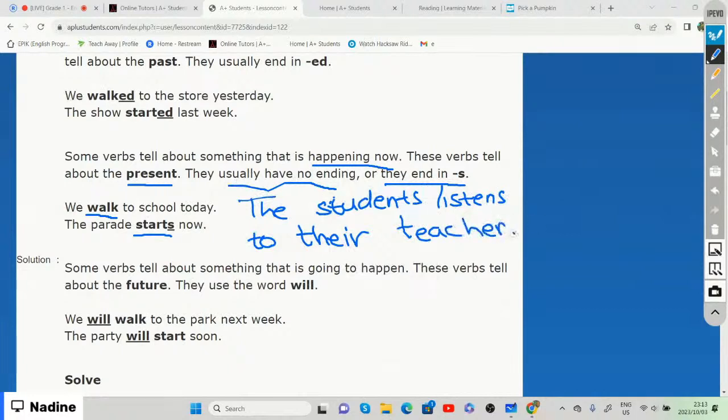So that can also be a verb that tells us about the present. And then we also have some that are about the future, and that is also what we are going to find out more about later on.